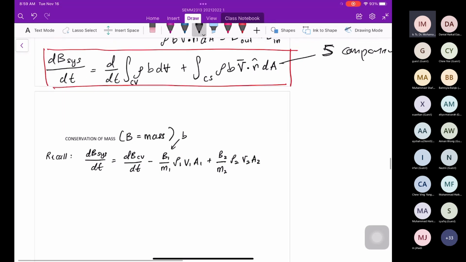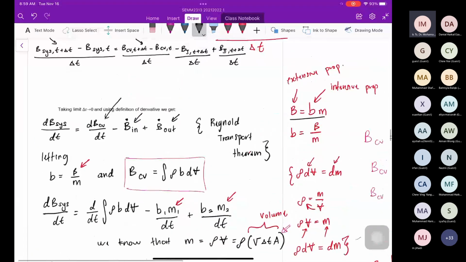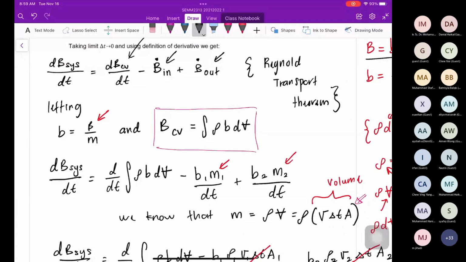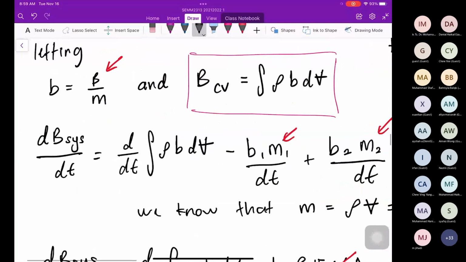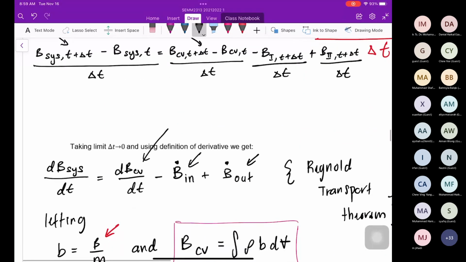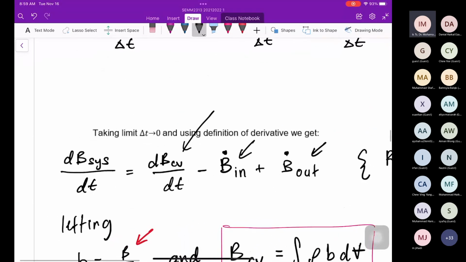Okay, where did I get it from? From here.